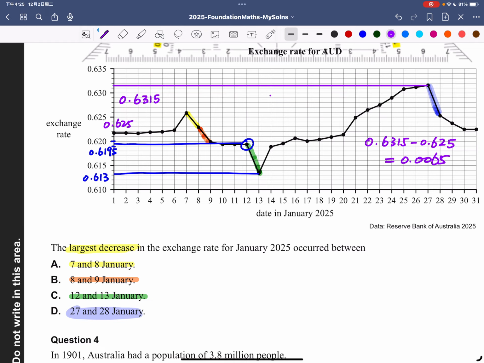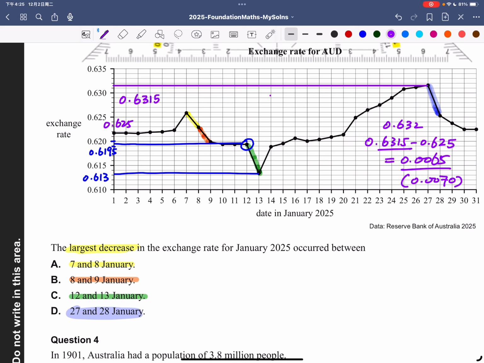Okay, now if you look at the other one, to be honest, the largest decrease doesn't show much difference, unless I say this value is 0.632 something. Then I might get instead 0.0070.